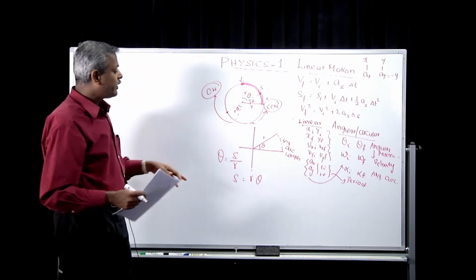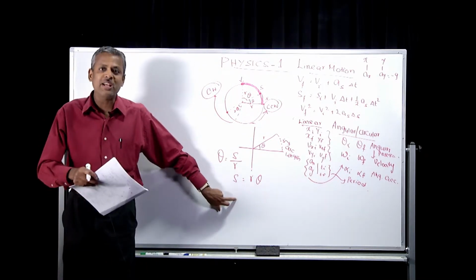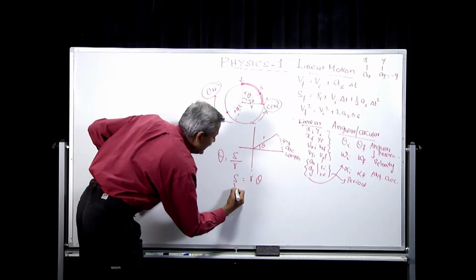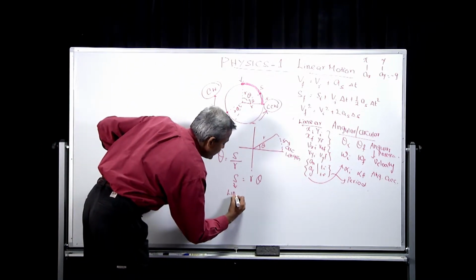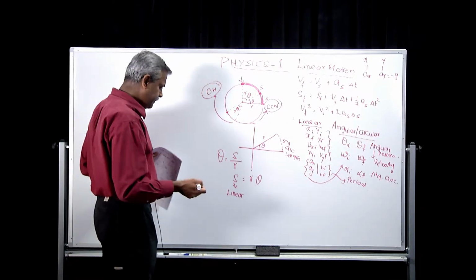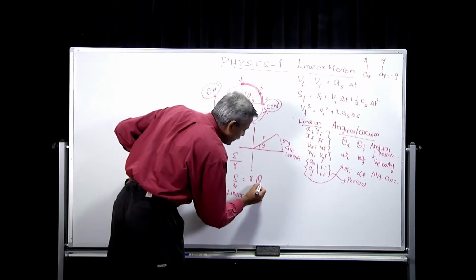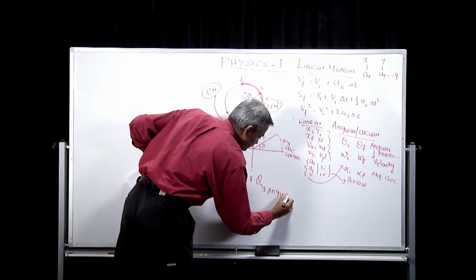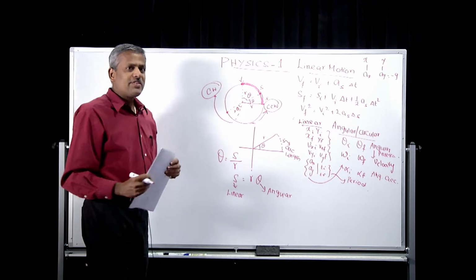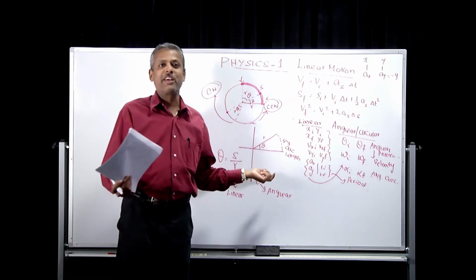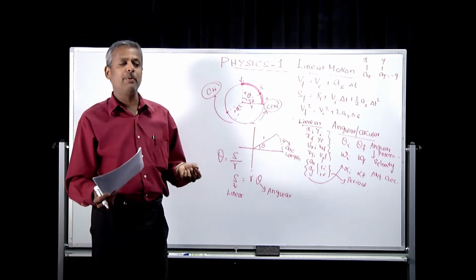It is interesting to note that on your left hand side, S is linear. That is a linear position or linear displacement. On the right hand side, you will see this is angular. What is the connecting bridge between these two, linear and angular? It is your radius. It is very simple.